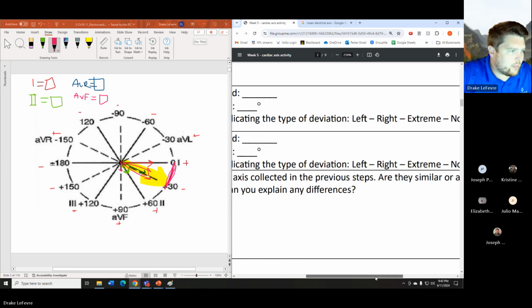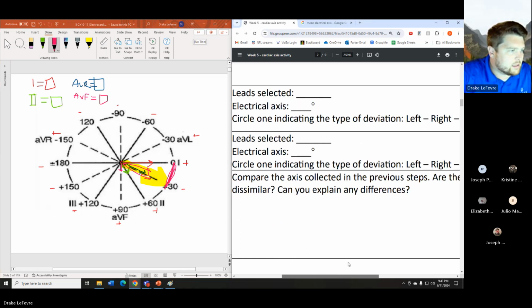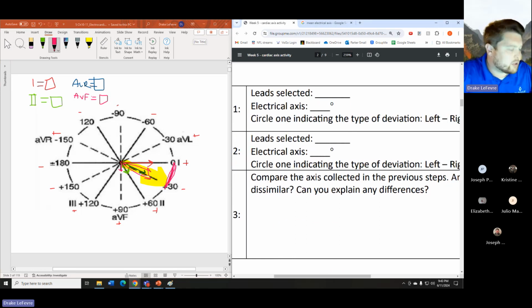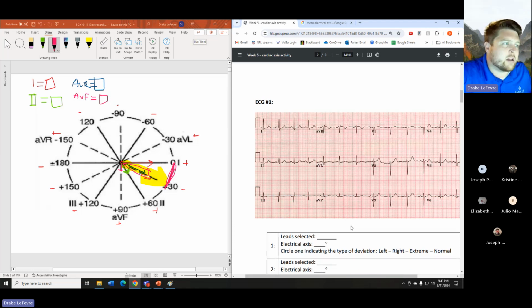When you have a multiple choice, you're not going to be able to tell that it's 23.6 degrees. That's not the way these questions work. You're going to get an in-between range of 30 degrees.